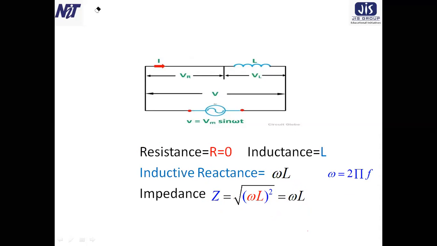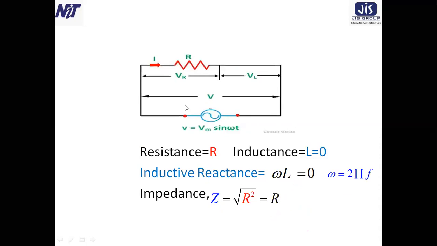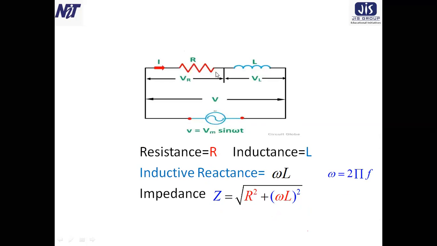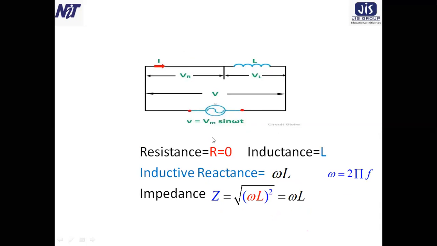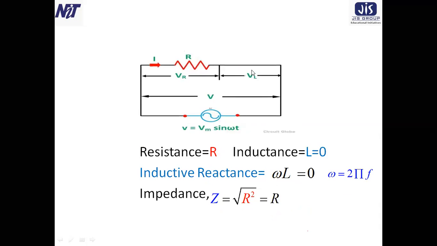Now look, in the first circuit both were there, in the second circuit the resistance was not there, resistance 0, and in the third circuit the inductor is not present, only the resistance is present. Then resistance is R and inductance L equals 0, so the inductive reactance omega L is 0, where omega equals 2 pi F. So what will be the impedance of this circuit?